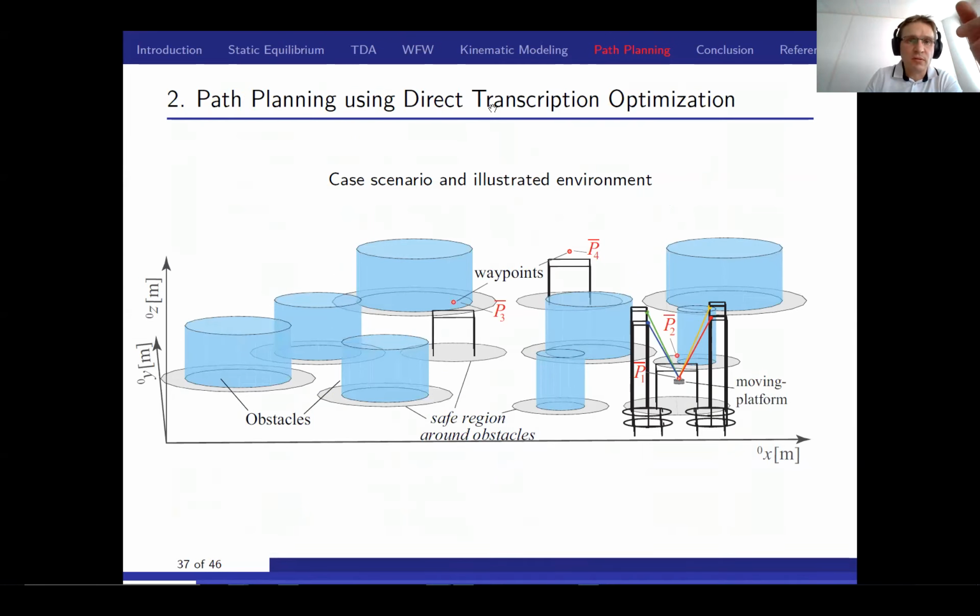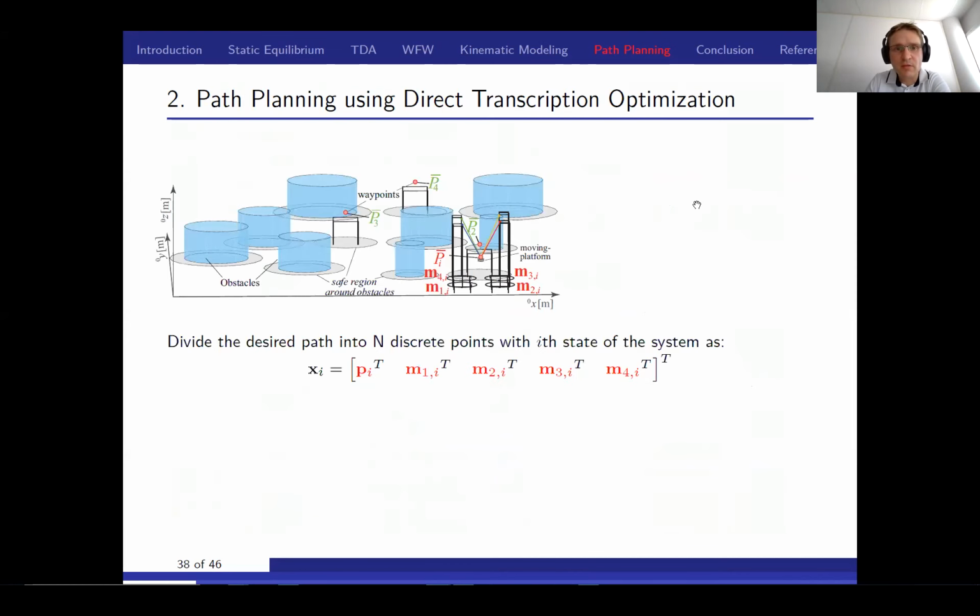We also used the direct transcription optimization technique in order to determine the path of the planar and the spatial mobile CDPR. The problem is defined as follows. First we define some waypoints to be reached by the end effector in the workspace, and we assume that we know the location of the obstacles in this area.